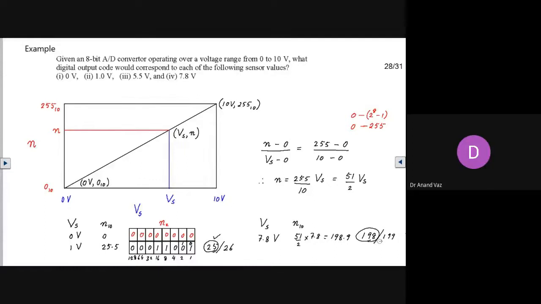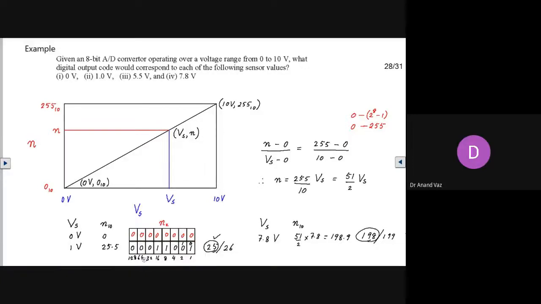So this is the pitfall of the digital to analog representation. It has to represent it in discrete form, so it can't choose these intermediate values. So 198 has to be represented here.